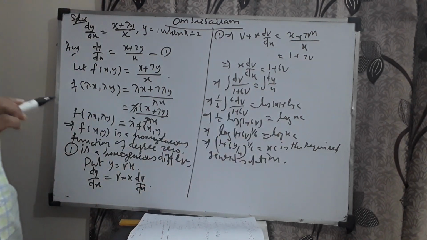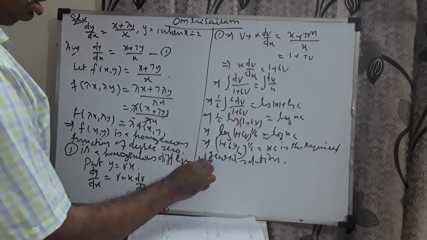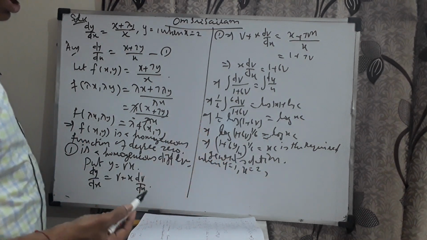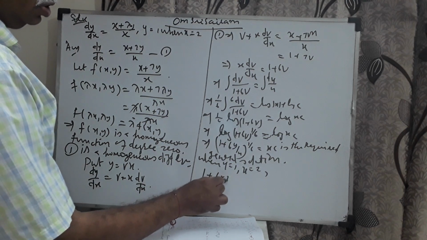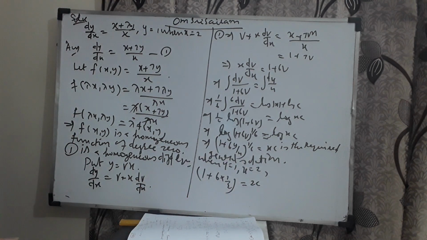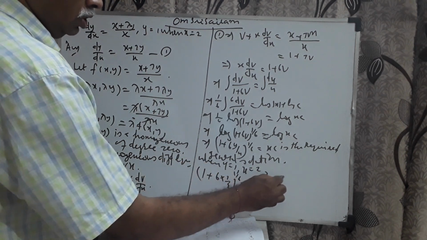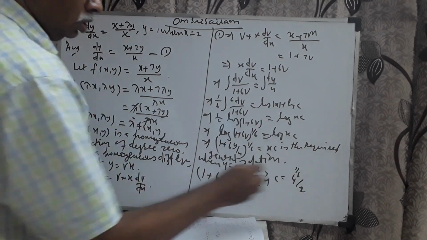If you leave c as it is, that is called the general solution. Now, when y is equal to 1, x equal to 2, or x equal to 2, y equal to 1, either way you can write. Now, here 1 plus 6 into 1 by 2 is equal to 2c whole power 1 by 6, sorry. This will imply c happens to be 4 power 1 by 6 by 2.